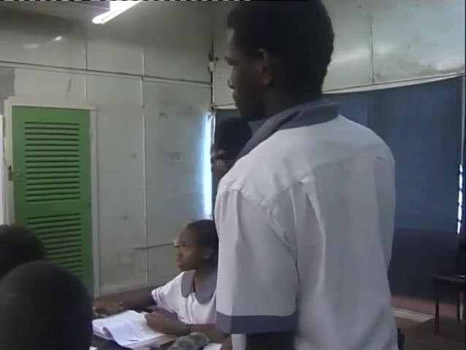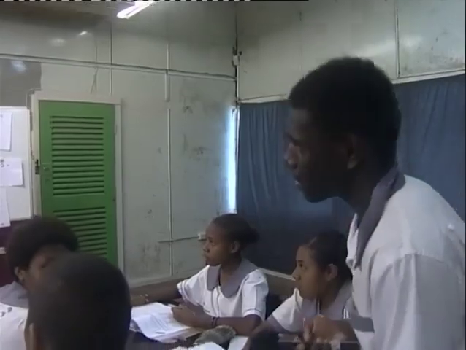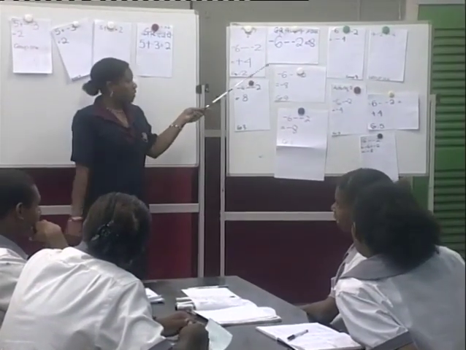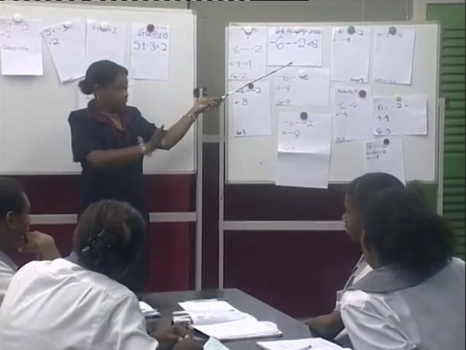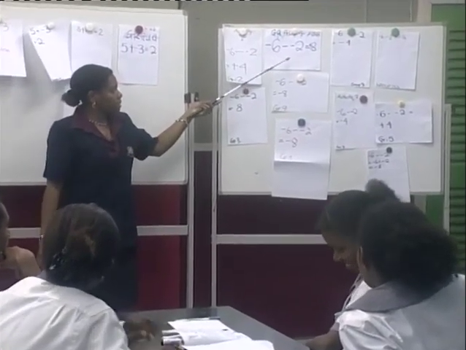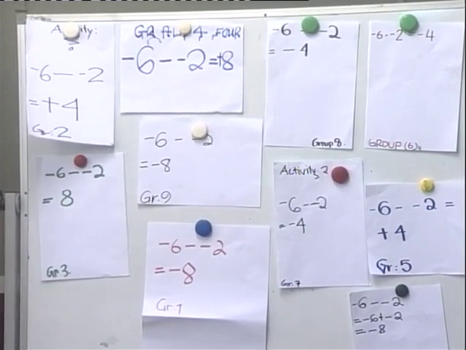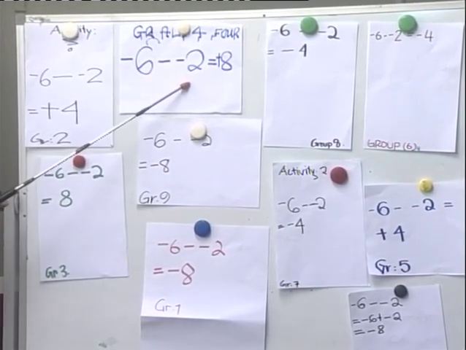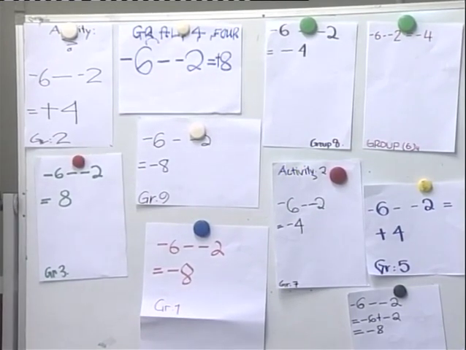We added the two numbers and kept the sign. Okay, thank you, Samuel. Samuel said they added the two numbers, 6 plus 2, and you got positive 8.